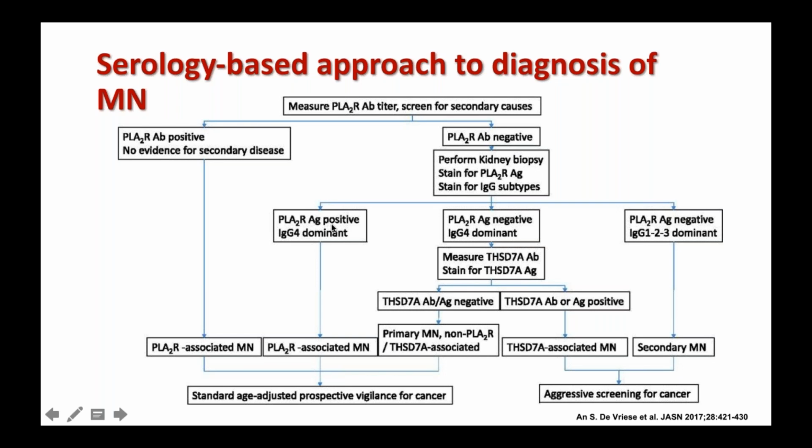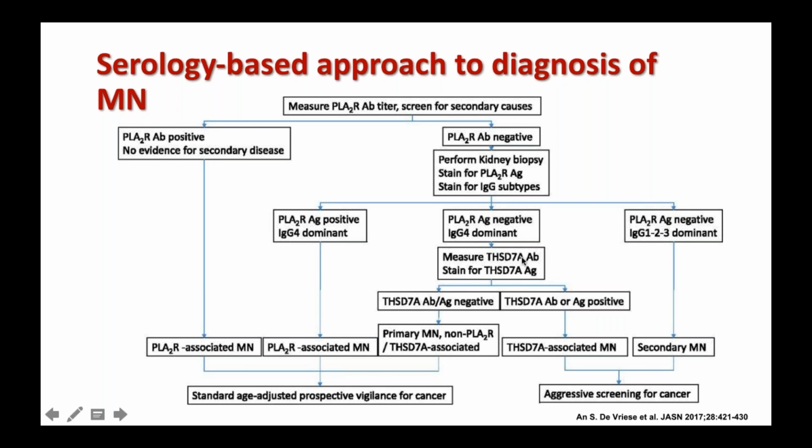So here, let's assume that you find the antibody is positive, and the immunoglobulin type is IgG4. Once again, you can make a diagnosis of PLA2R associated membranous nephropathy. If the antibody is negative, antigen is negative, but IgG4 is still present, look for the second antigen.